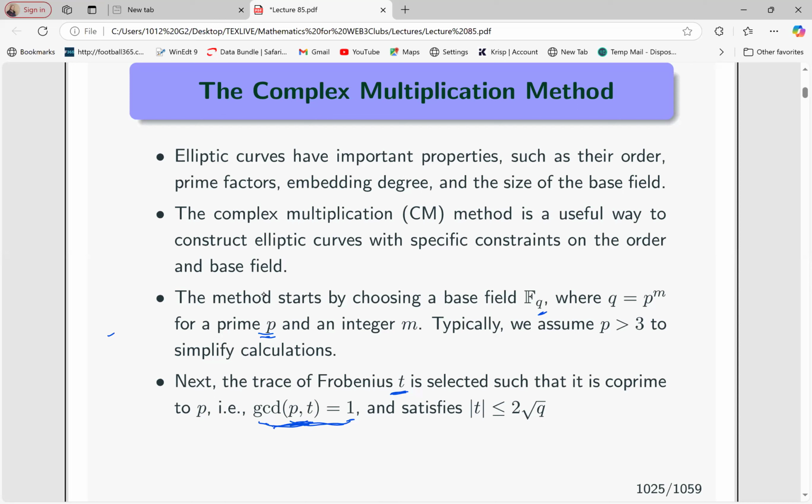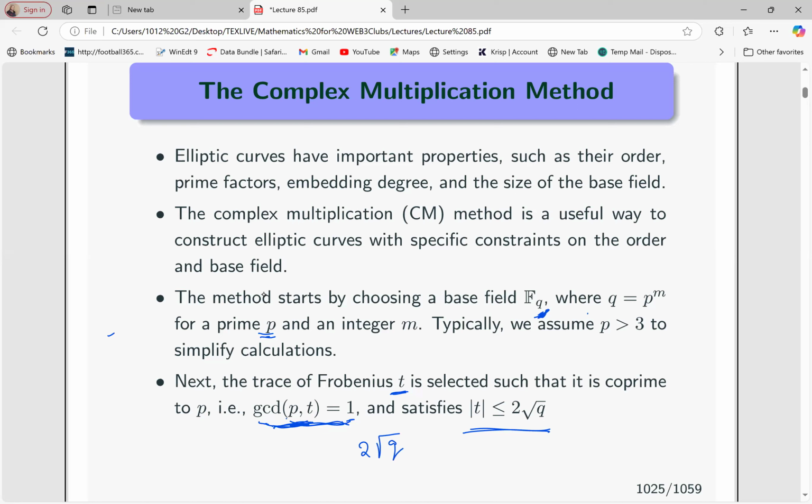So t must fulfill this condition that the GCD of t and p is 1, and the other condition t must satisfy is that it must be less than or equal to 2 multiplied by the square root of q. We chose q when we were choosing the field we want to work with.